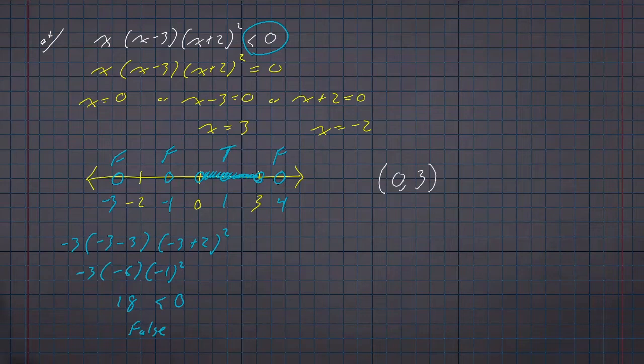If we consider a rational inequality, there is one other thing that we have to worry about. For example, if I want to solve the inequality 1 over x minus 2 is greater than or equal to 0. The rational function 1 over x minus 2 does not have any zeros, but it does have a vertical asymptote when x is equal to 2.